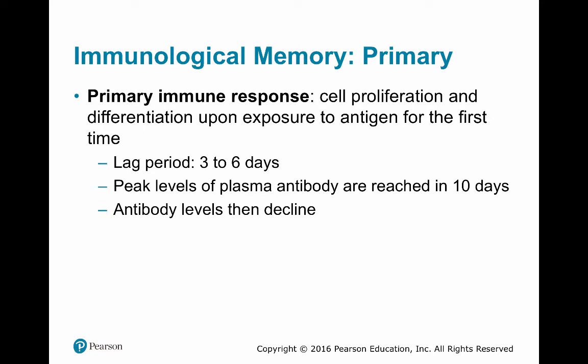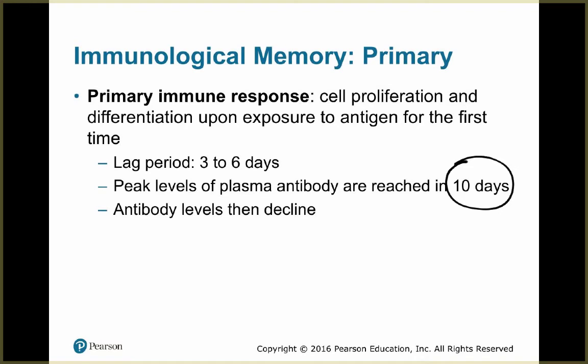So that primary immune response, the proliferation or replication of those cells and the differentiation upon exposure to the antigen for the first time, has a lag period of about 3 to 6 days. The peak level of antibodies is reached about day 10, and then after that, the antibody levels decline.